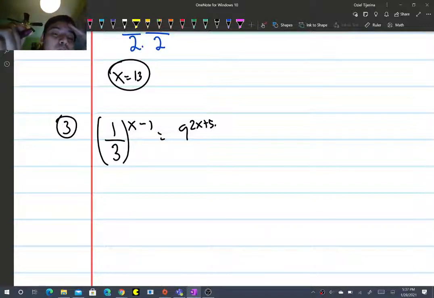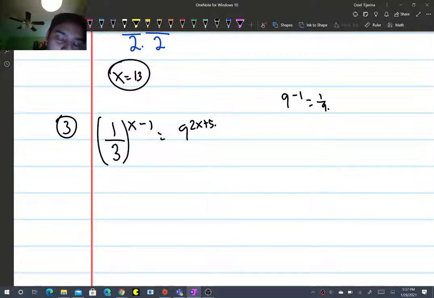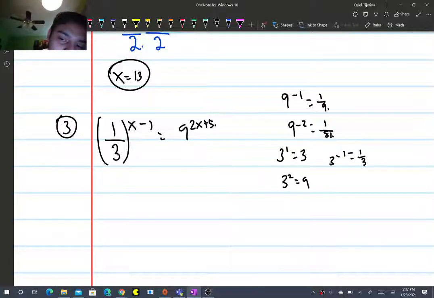Now, the thing is that right now our bases are not the same because we have a 1/3 and a 9. However, if you remember from arithmetic, 9 to the negative 1 is 1/9, 9 to the negative 2 is 1/81, and 3 to the first is 3, 3 squared is 9, so 3 to the negative 1 is 1/3, 3 to the negative 2 is 1/3 squared, which is 1/9.